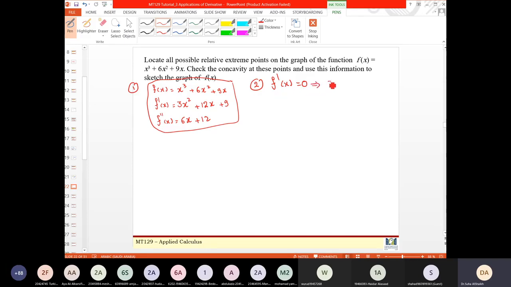This means 3x squared plus 12x plus 9 is equal to 0. How can I solve it? I'm gonna divide everything by 3 to simplify it. So this will be x squared plus 4x plus 3 equal to 0.